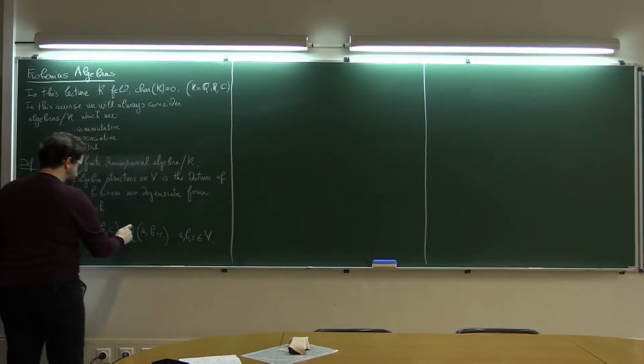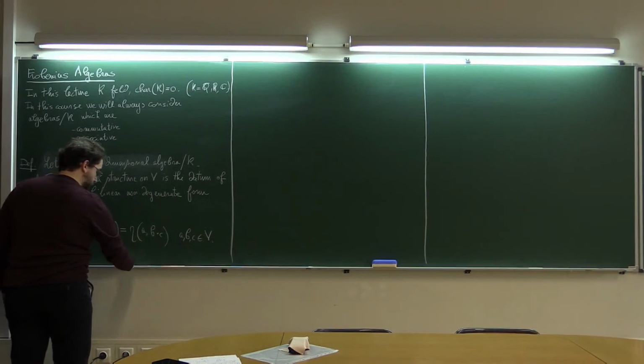I will call eta the Frobenius metric or Frobenius pairing.